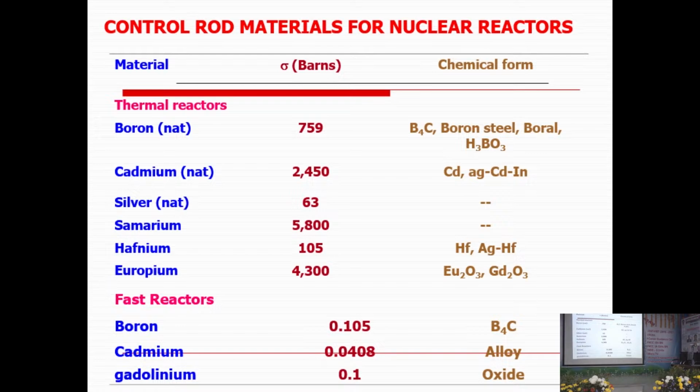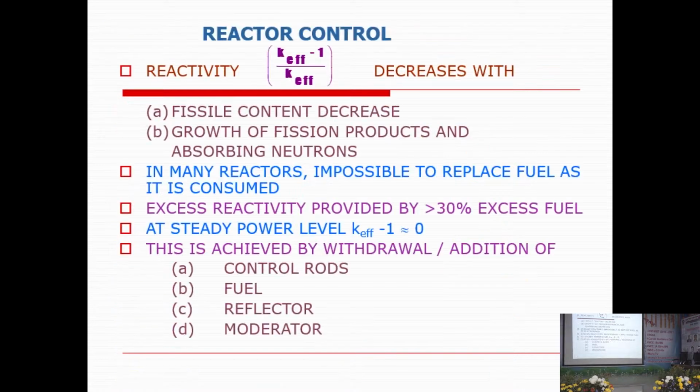Okay, the reactor reactivity is (K effective − 1) divided by K effective, and it decreases as the fissile atoms decrease. Initially, suppose I am using 100 kilograms of fissile atoms; with increasing time the fissile atom density will come down. It should not become subcritical after a certain time; we have to maintain the chain reaction when designing.